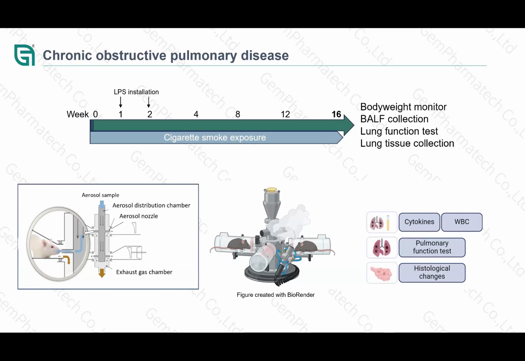They will bury their head or mouth or nose into each other's body to avoid the smoke. So it can cause variable effects in the end. So finally, we chose the nose-only exposure, although it is more expensive.